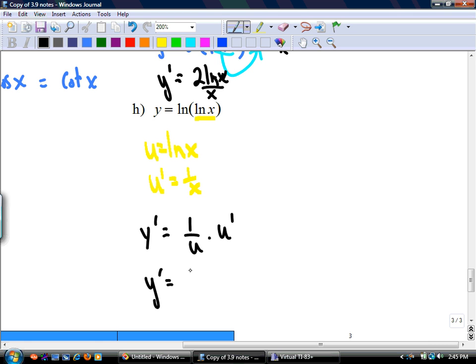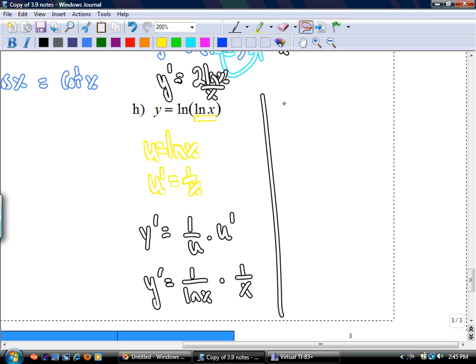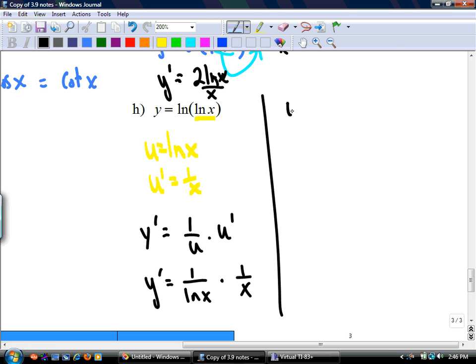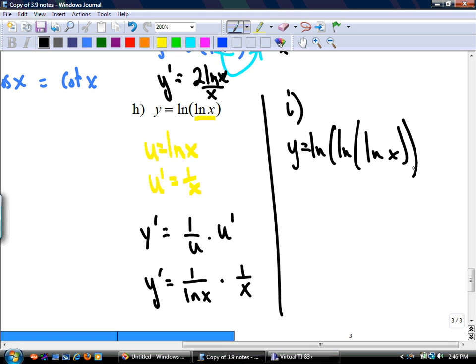So 1 over ln x times 1 over x. Is there an I after this? There is now. Oops. See if you can do this one. ln of ln of ln of x.